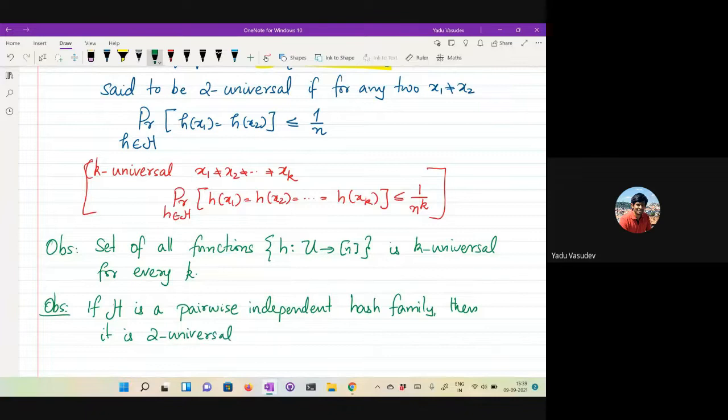In fact, it is said to be strongly 2 universal. Okay, this is the way in which it was originally defined. It's called strongly 2 universal, where this inequality is replaced by equality.